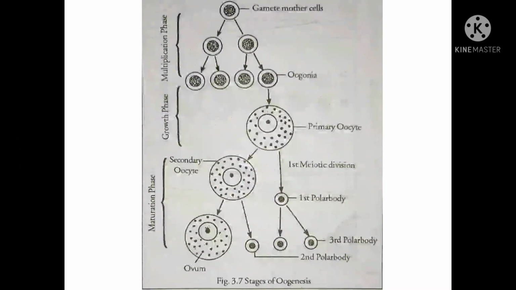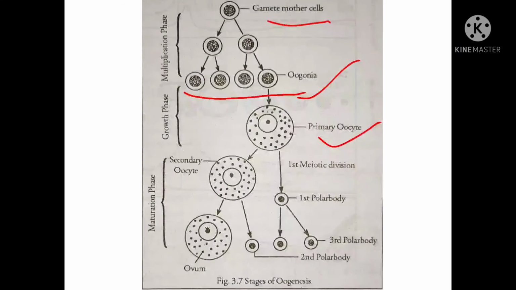This figure represents the process of oogenesis. In oogenesis, from gamete mother cells of ovary, diploid oogonia are formed by mitotic division. From these oogonia, one oogonium grows in size and is called primary oocyte, and it is diploid.